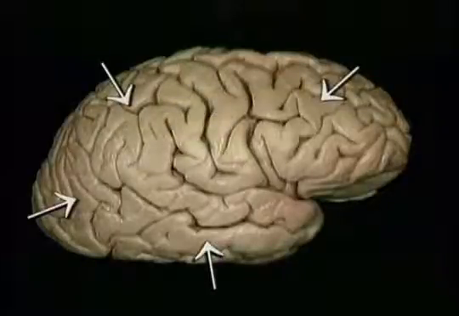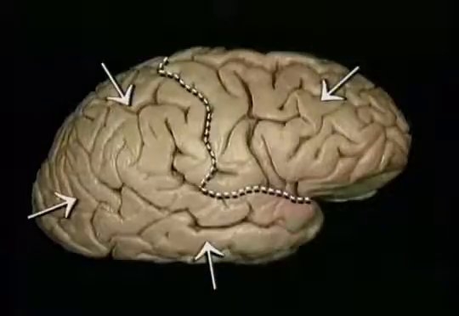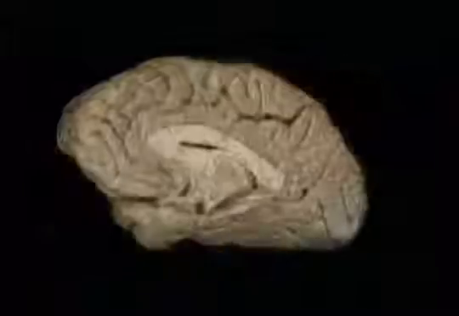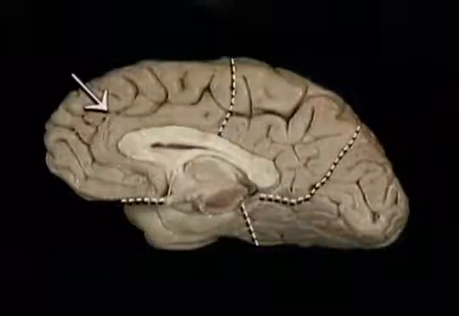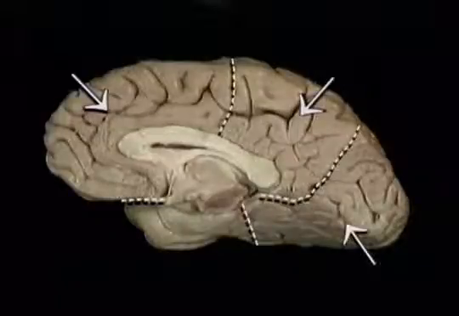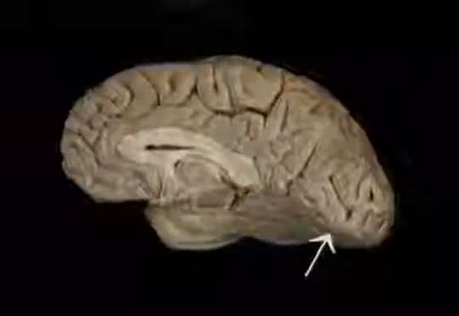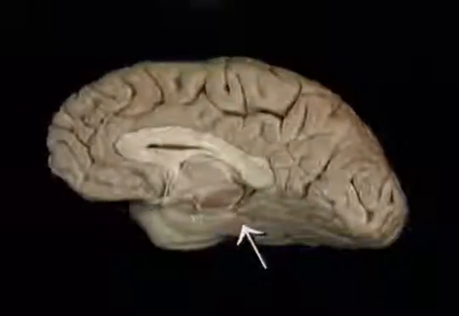Between the frontal lobe and its neighbors, the central and lateral sulci form natural boundaries. The other boundaries are somewhat arbitrary. Here are the 4 lobes on the medial surface: frontal, parietal, occipital, and temporal. The sloping underside of the occipital lobe conforms to the upward slope of the tentorium.